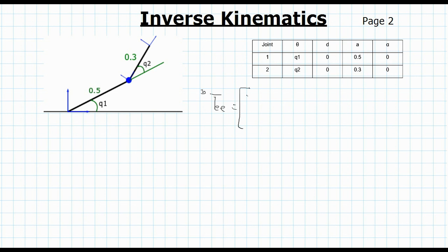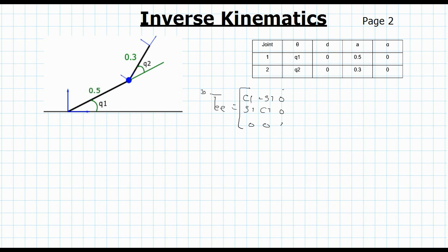The first matrix will correspond to joint 1, and the value for the joint is Q1. So cosine of Q1, minus sine of Q1, 0, S1, C1, 0, 0 0 1.